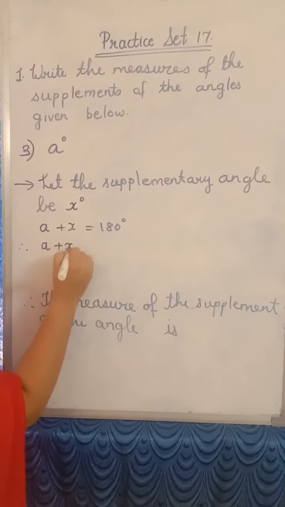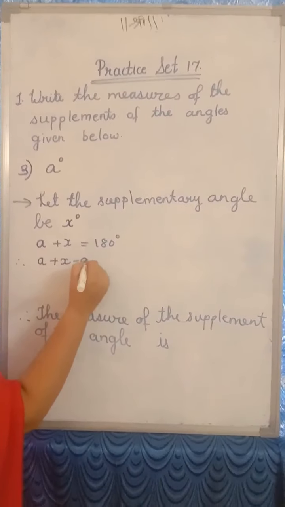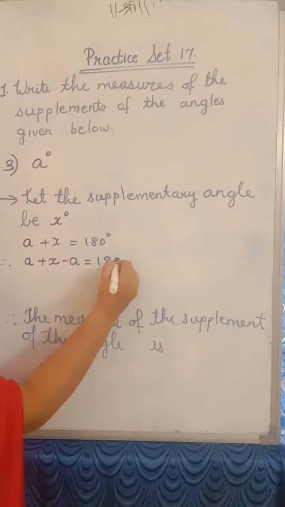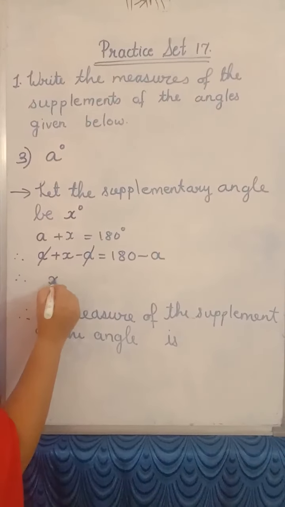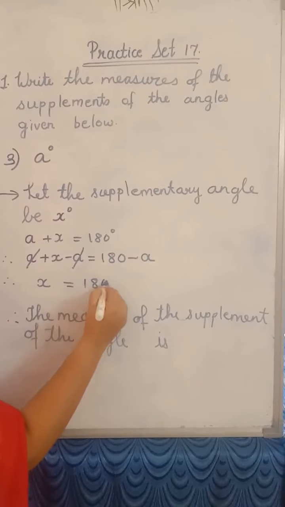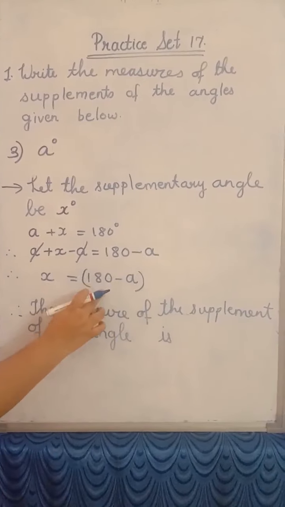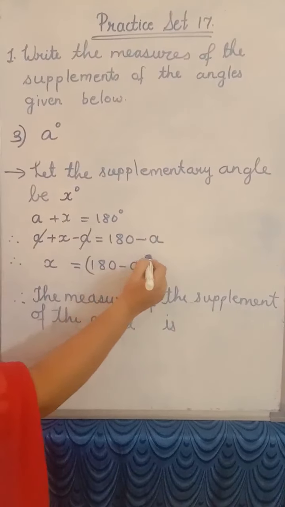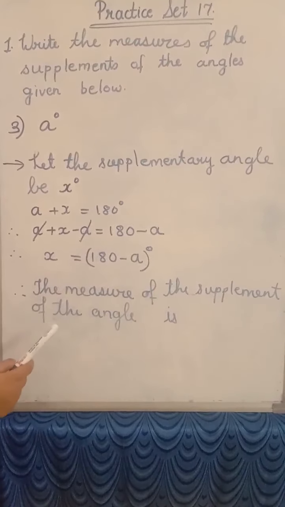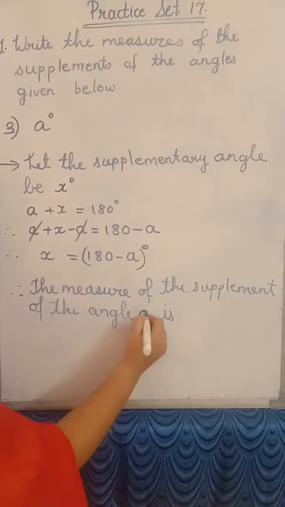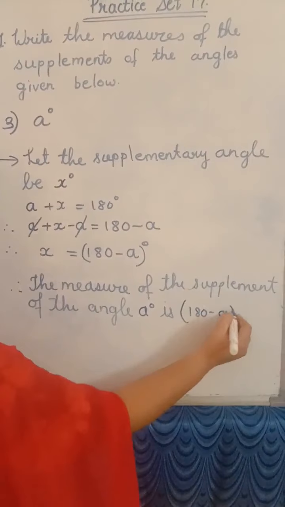First write LHS as it is: A plus x, and we want to remove this, so minus A. Give it on both sides, that is 180 minus A. A and A go, so what remains? x is equal to 180 minus A, because we cannot subtract an alphabet from a number, so it remains as it is, that is 180 minus A degrees. Therefore, the measure of the supplement of the angle A degrees is 180 minus A degrees.